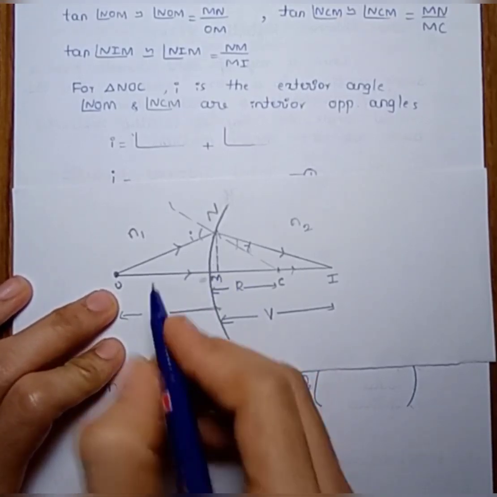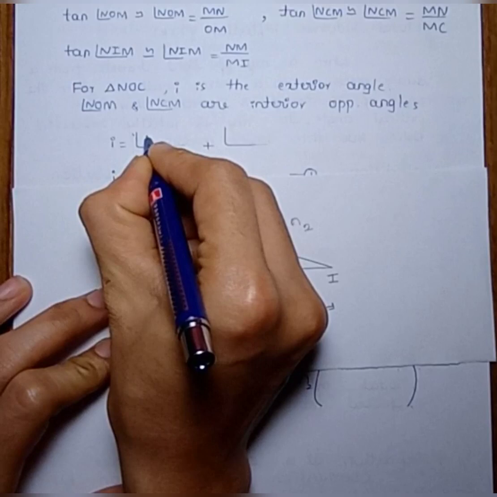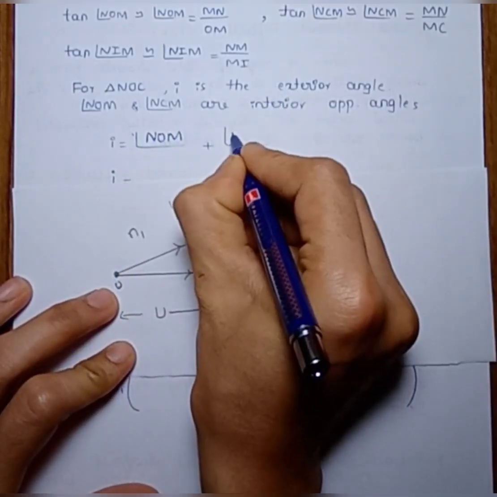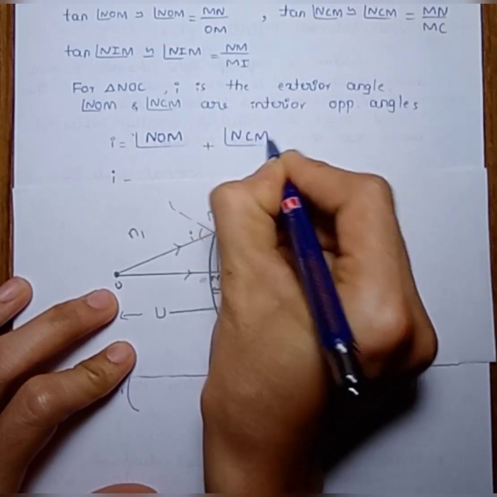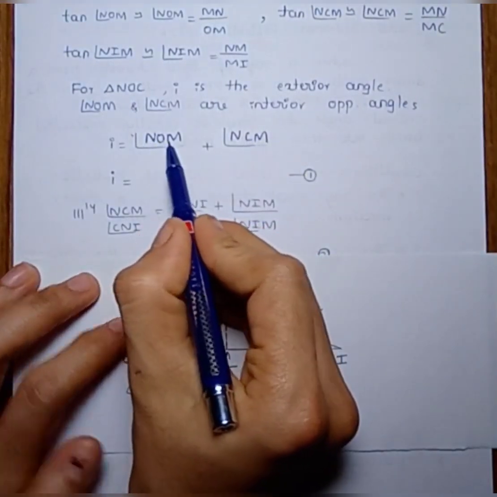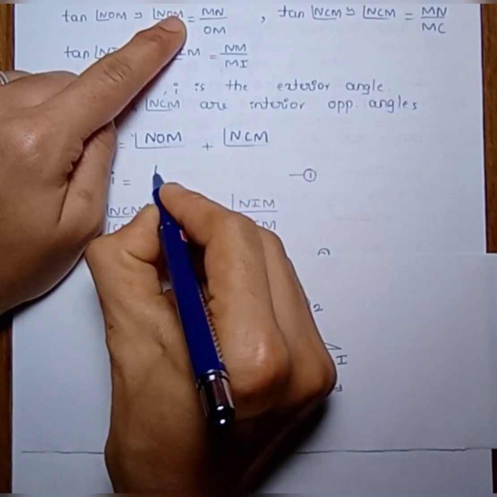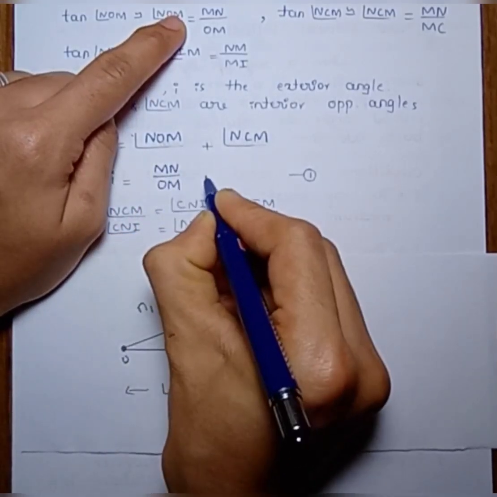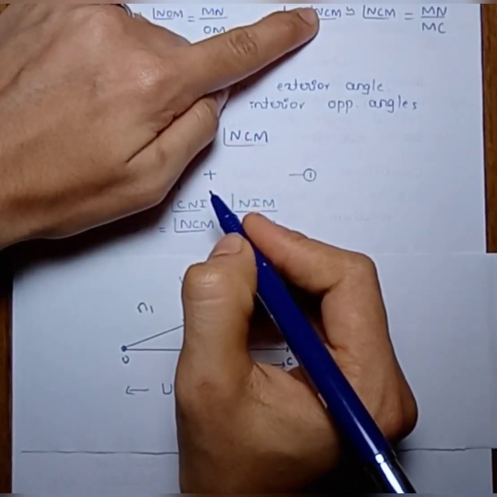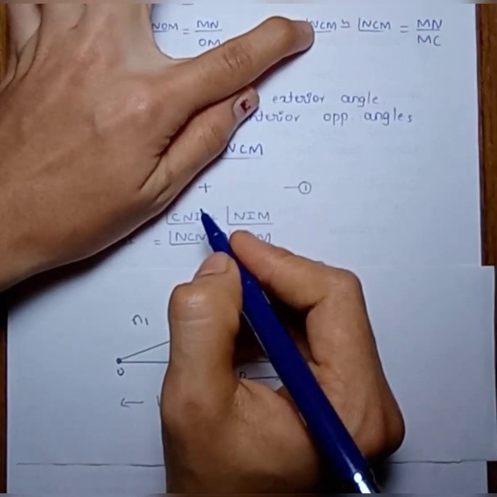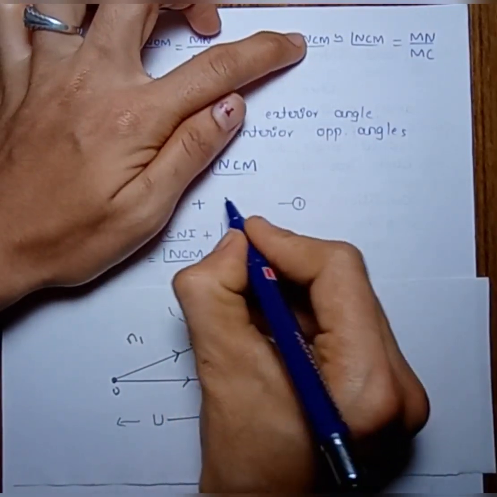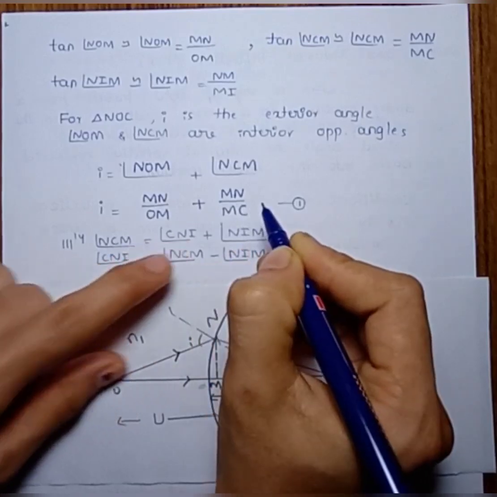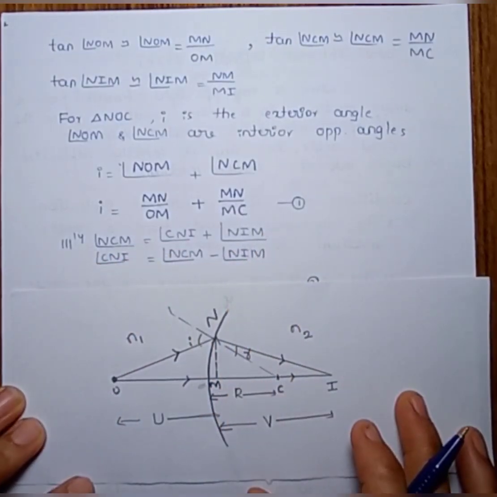That is, i equals angle NOM plus angle NCM. Here NOM equals MN divided by OM, plus NCM, which equals MN divided by MC. Call it equation 1.